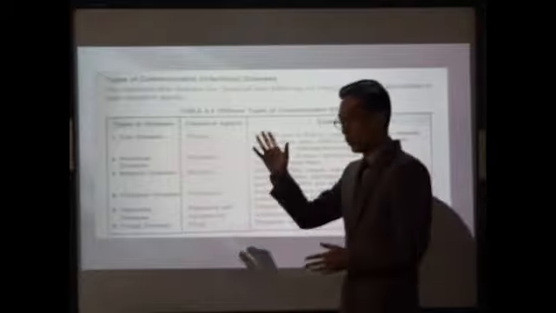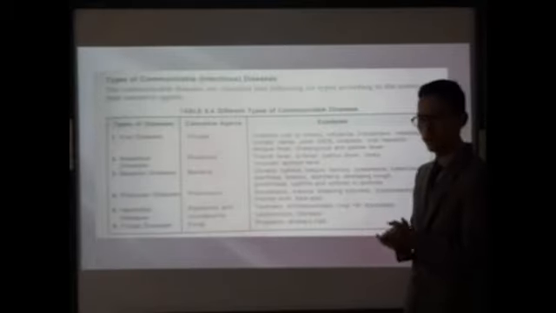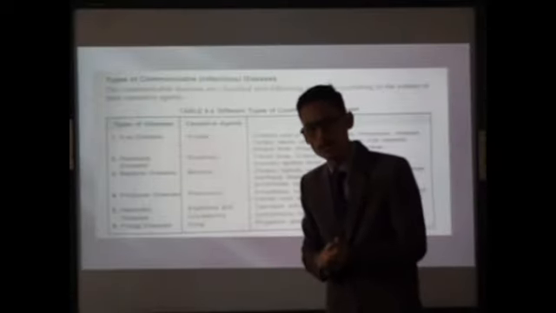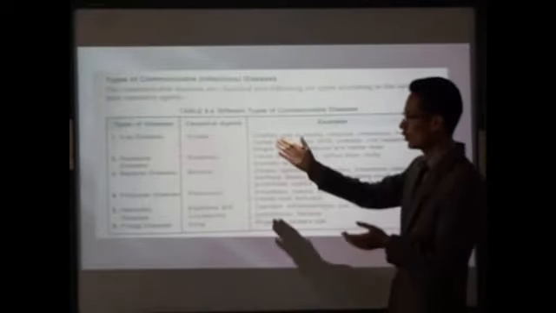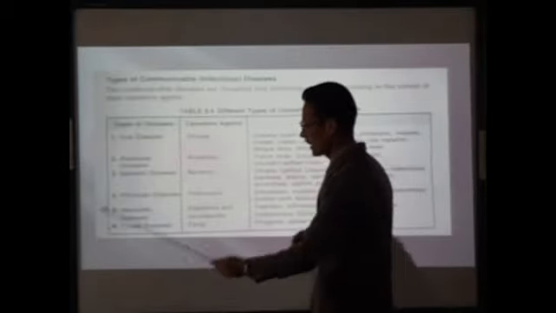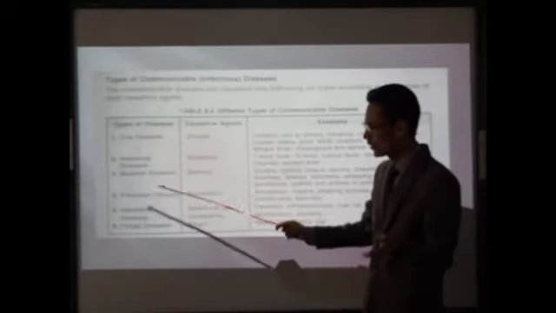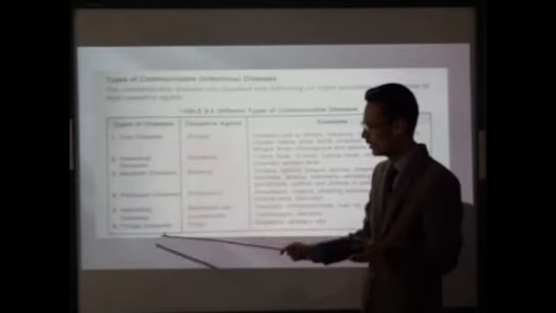Now, from your textbook, kindly go to table number 8.4, where you will find the different types of communicable diseases. Communicable diseases means infectious diseases that can be transmitted from one individual to another. In that table we can see the types of diseases: viral disease, rickettsial disease, bacterial disease, protozoal disease, helminth disease, and fungal disease.